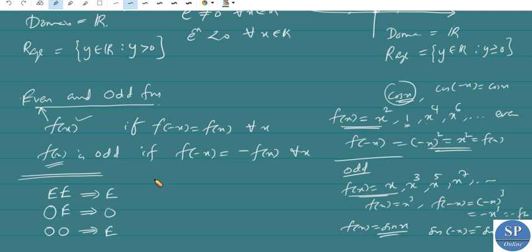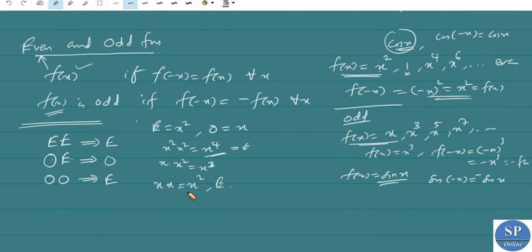So even into even is x square into x square, which is equal to x power 4. We know this is an even function. Now odd into even: the odd function is x and the even function is x square, so we get x cube, which is an odd function, right? Now odd function into odd function is x square, which is an even function, right? So we can remember these by using the examples x and x square.